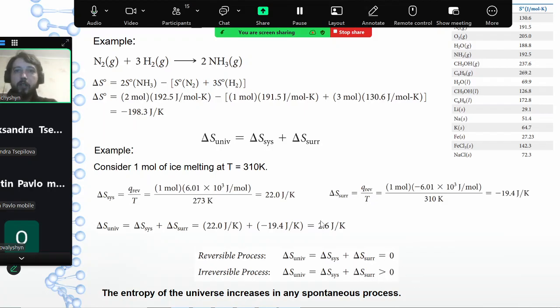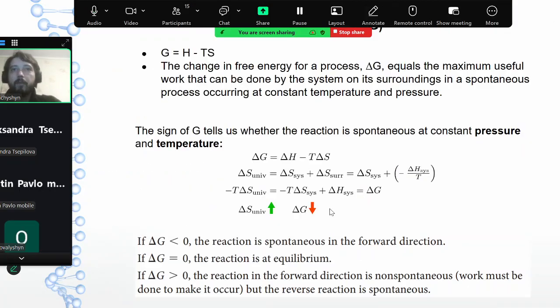If it is greater than 0, it is irreversible, because entropy should grow due to the second law of thermodynamics. Here is an example of ice melting when the system gets some energy from the surrounding environment, and it shows that this is an irreversible process, because the change of the entropy of the universe is greater than 0.